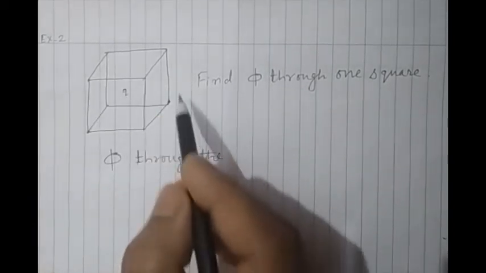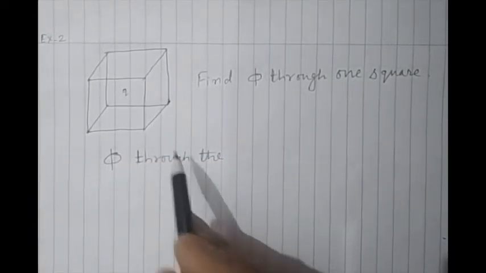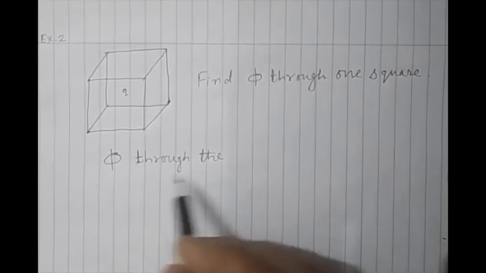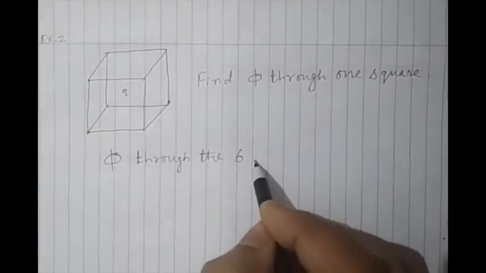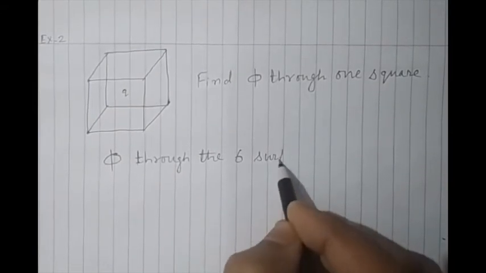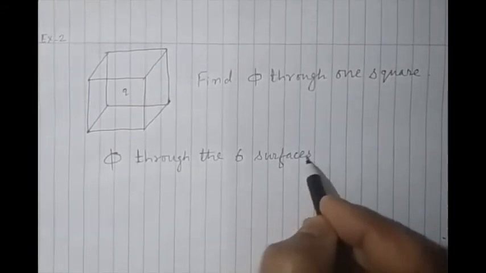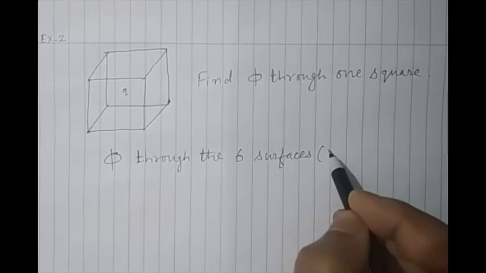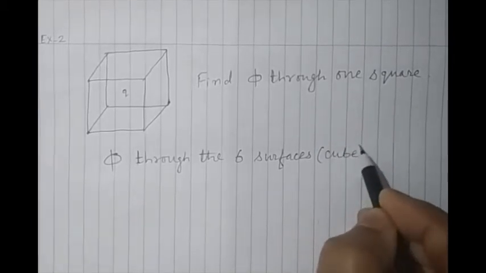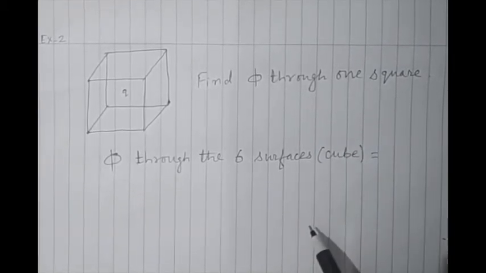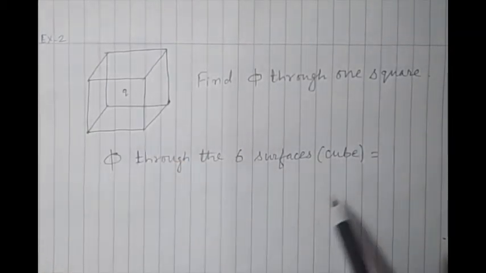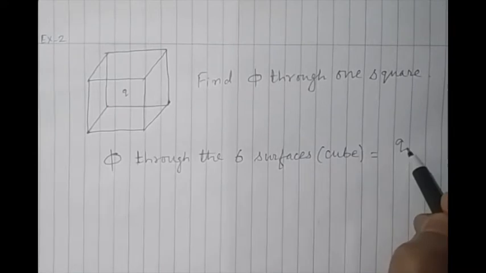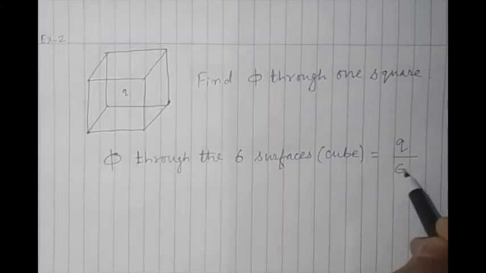Here the total flux through the six surfaces of a cube, because a cube has six surfaces, is equal to the total charge enclosed inside the cube, that is Q, divided by epsilon naught.